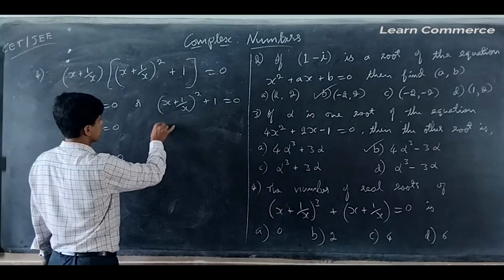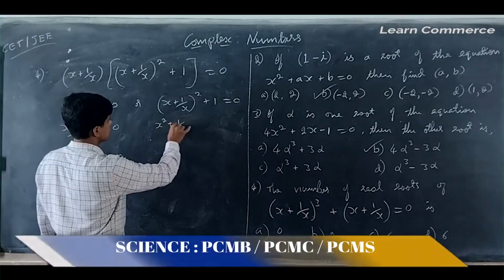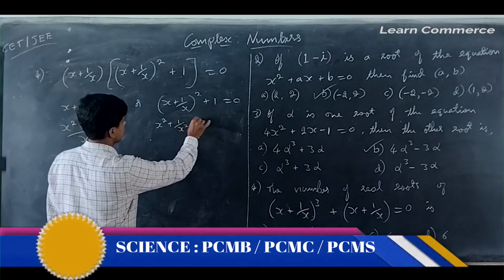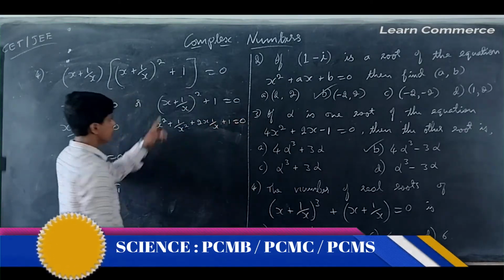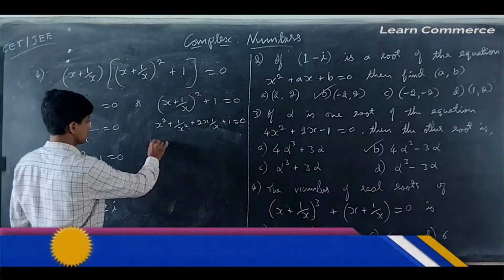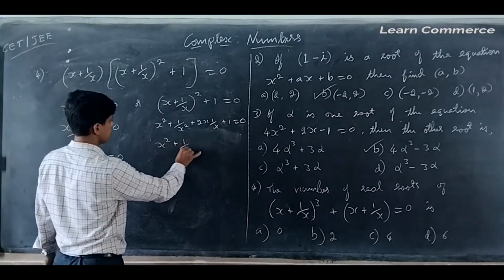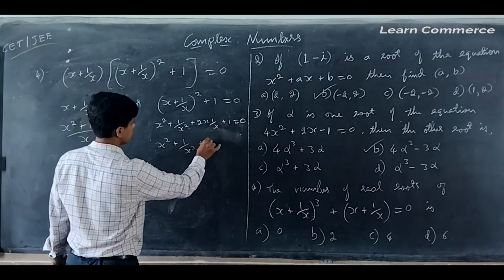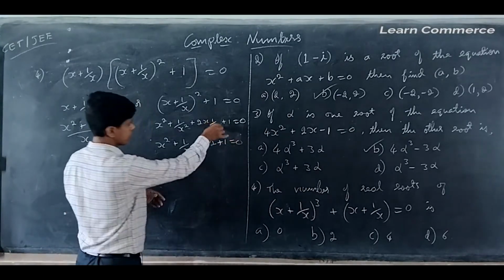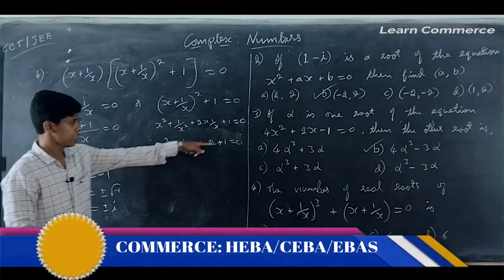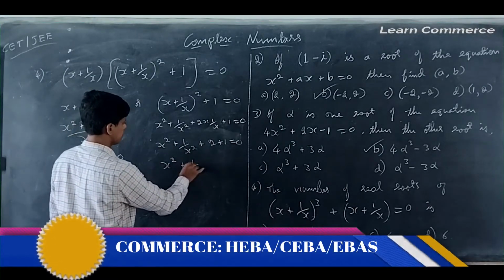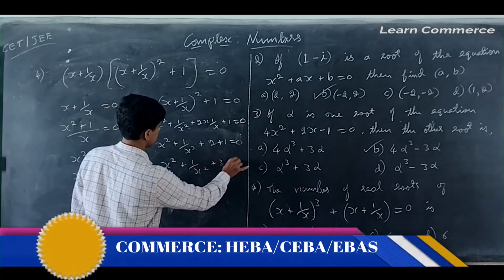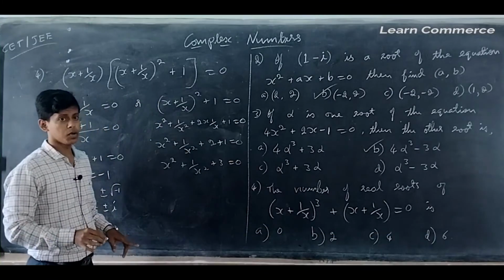This is x square plus 1 by x square plus 2 into x into 1 by x plus 1 is equal to 0, a plus b whole square, right? So this is x square plus 1 by x square plus 2 plus 1 because x cancels. So that is plus 3. Now write this in the standard form of a quadratic equation.